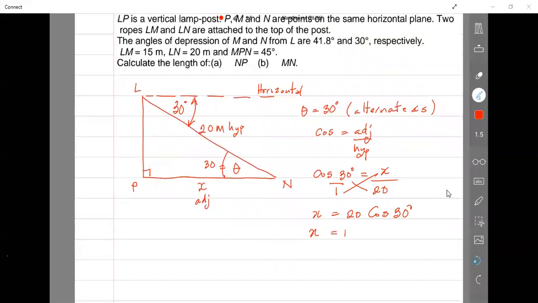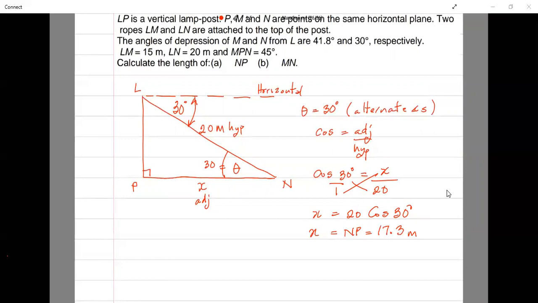The examiner said NP is equal to 20 cosine 30. This is equal to 17.3, and the units are meters.